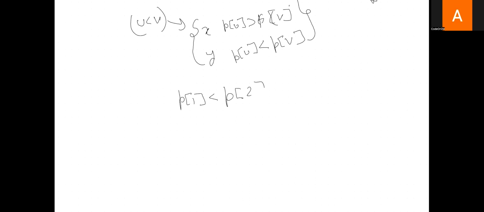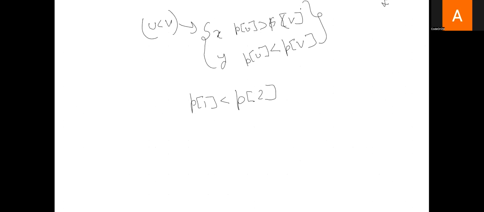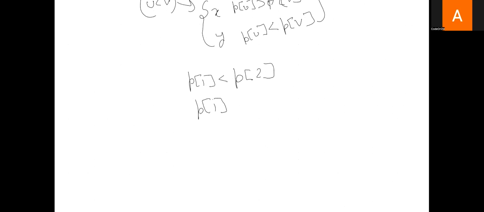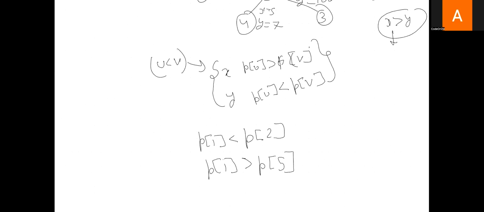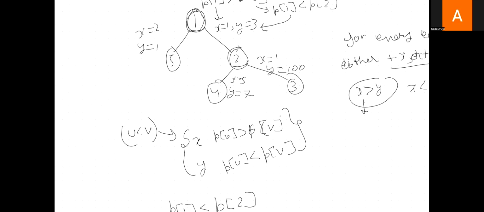Now let's see here. 1-5: 1 is less than 5, and x is greater than y. So we want x. It means that P1 must be greater than P5. Now we saw the 1-5 edge and the 1-2 edge. Now we are checking the 2-4 edge. 2 is less than 4 and 5 is less than 7, so we want y here.